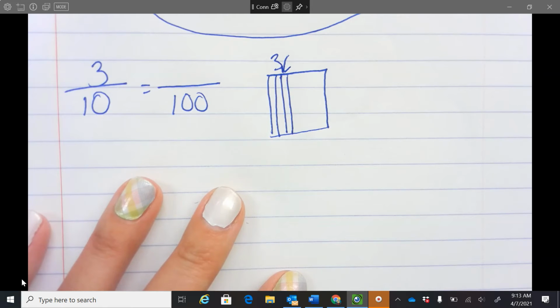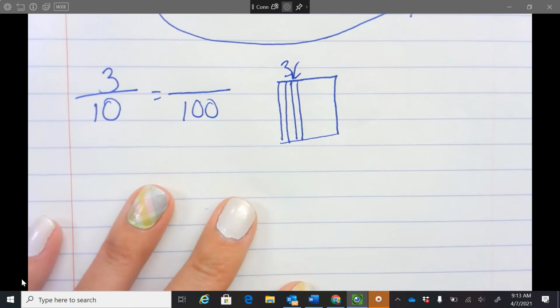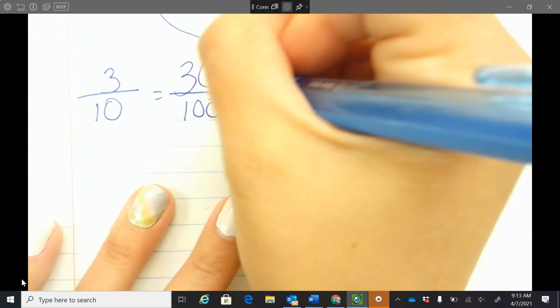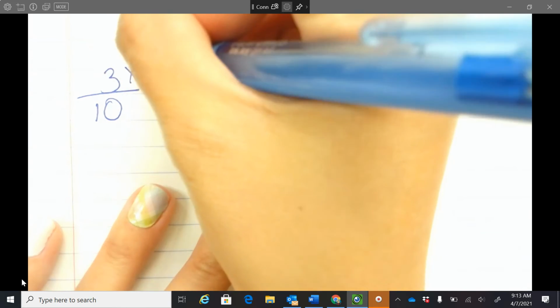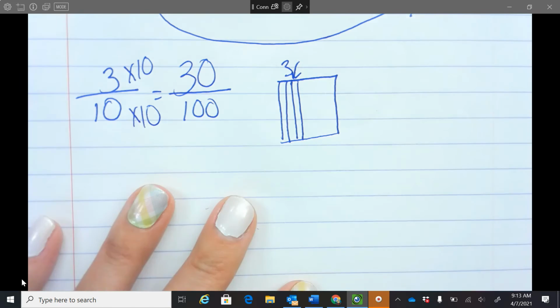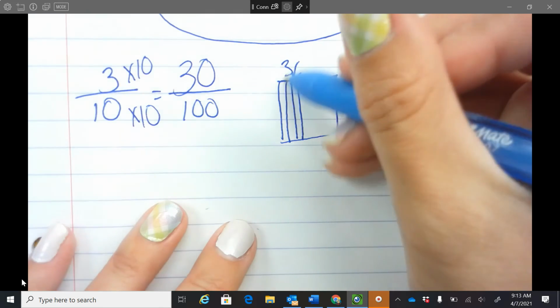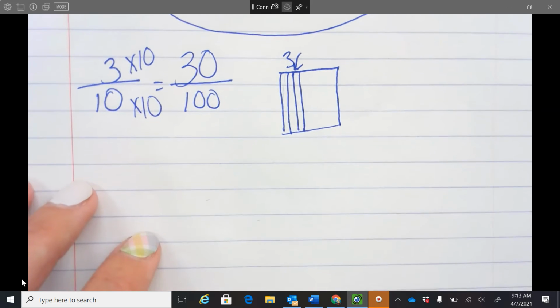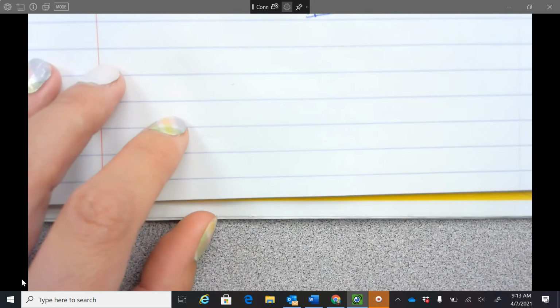Good. How many hundredths is that going to be, Colin? 30. Because you multiplied by what number, Colin? Times 10. So 3 of these tenths is actually going to be 30 hundredths. Good job.